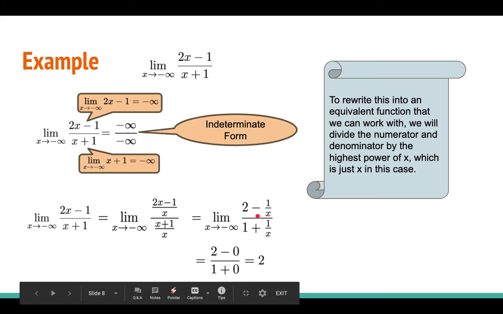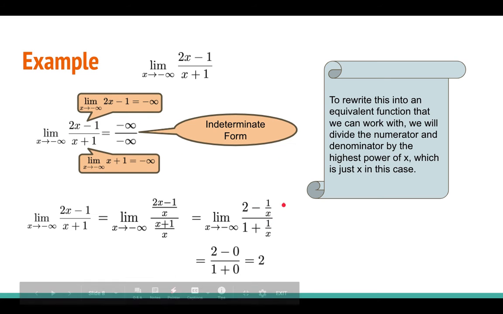And now when we look at this, the limit of 2 is going to be 2, the limit of 1 over x, that's a number over x, so that's going to be 0. So we end up with 2 over 1, so the limit is 2. So as x goes to negative infinity, this is going to approach 2.